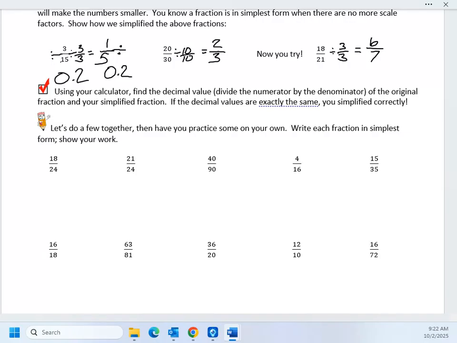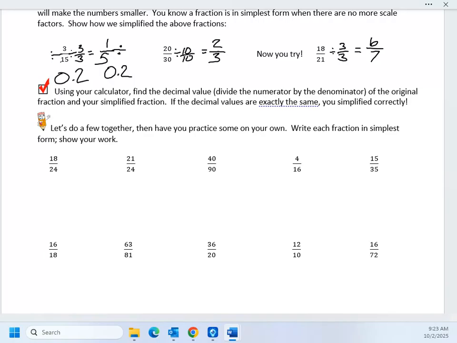Different fractions, but because they're equivalent, they have the same decimal. So we know we divided correctly when we were simplifying. When we have equivalent fractions and we take the numerator and divide it by the denominator, we'll get the same decimal values. So if the decimal values are exactly the same, you simplified correctly.